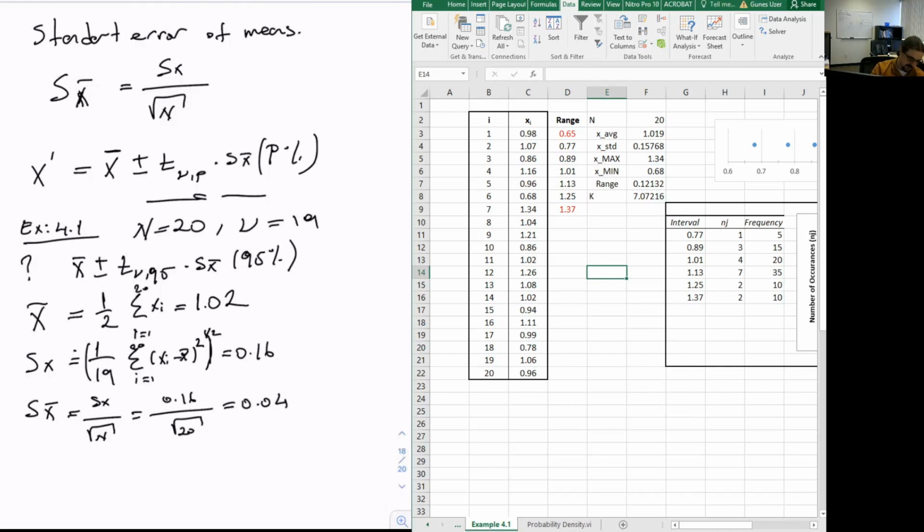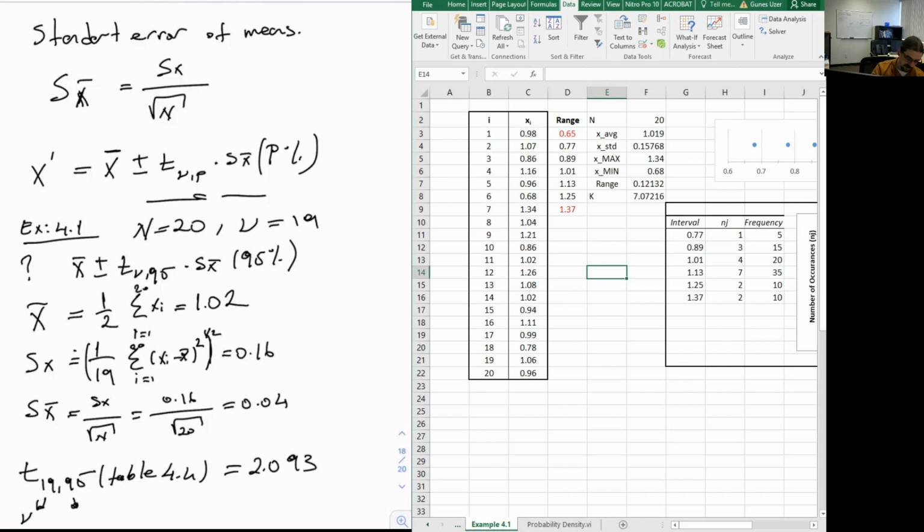Then my t-value is t 19, 95, where 19 is the degrees of freedom and 95 is the confidence level, and we get this from Table 4.4. That value is 2.093.